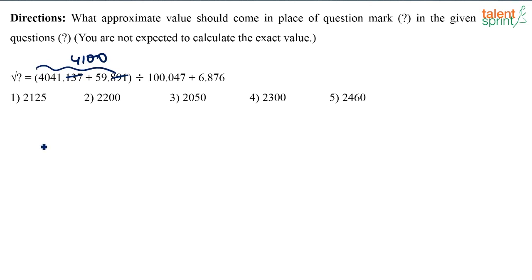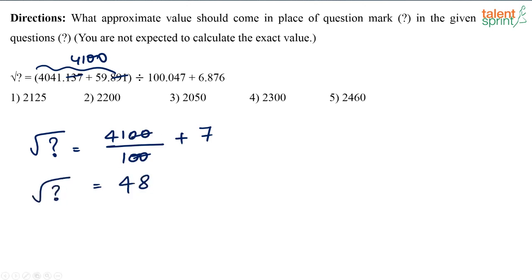Tell me what the answer will be. So, the question will be root 4100 divided by 100 plus 6.8, you can take it as 7, approximate it, or you have 48, root of question mark is equal to 48. So, what will come in the place of the question mark?